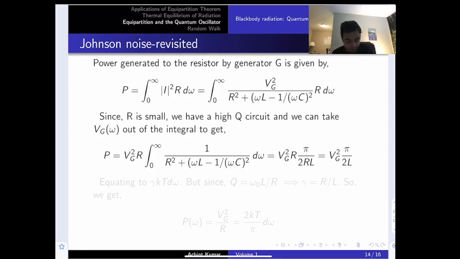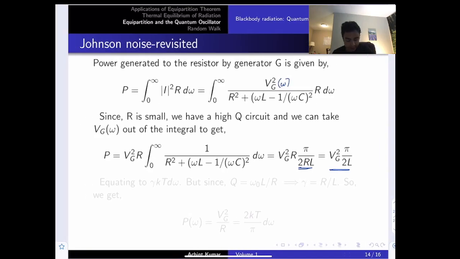We can take Vg of omega, remember Vg is a function of omega, out of the integral to get this expression, and we can evaluate this integral. It turns out to have a value of pi over 2 RL, and this is the end result.